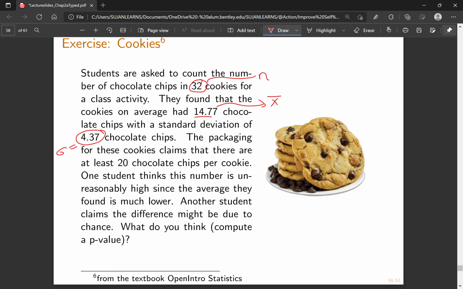To solve this problem, we have to create an experiment. And to create an experiment, we will start by making some modeling assumptions. What are those modeling assumptions?